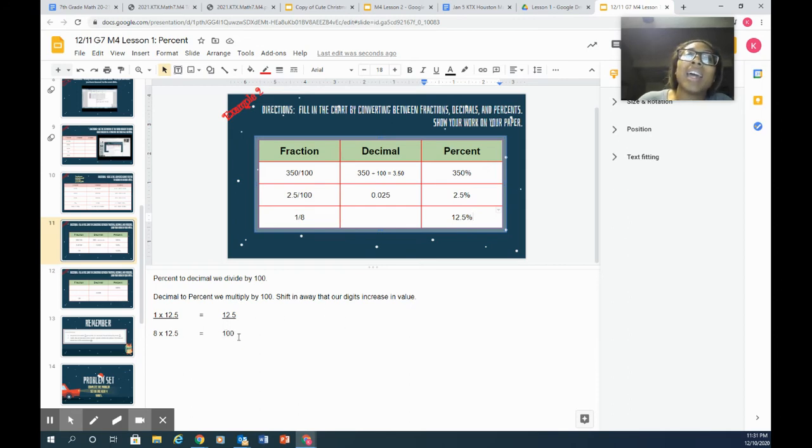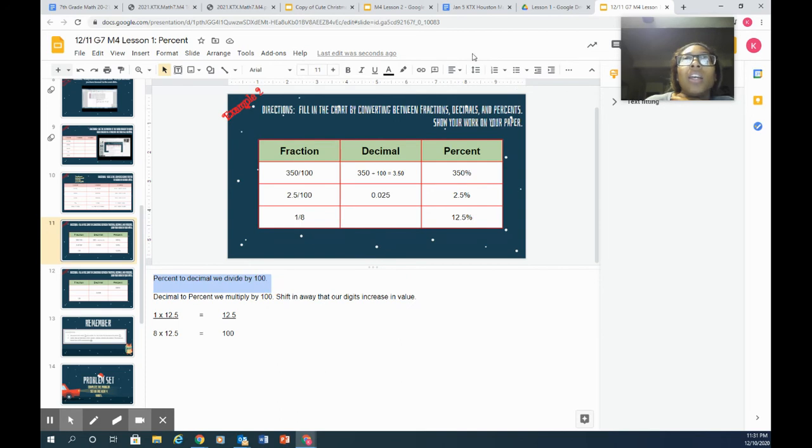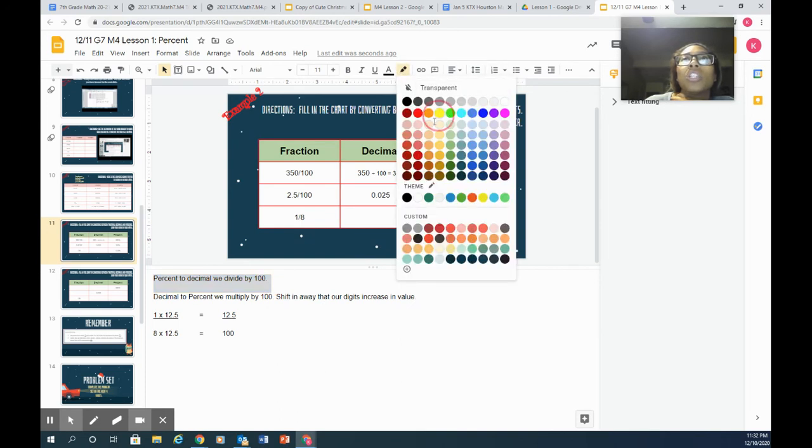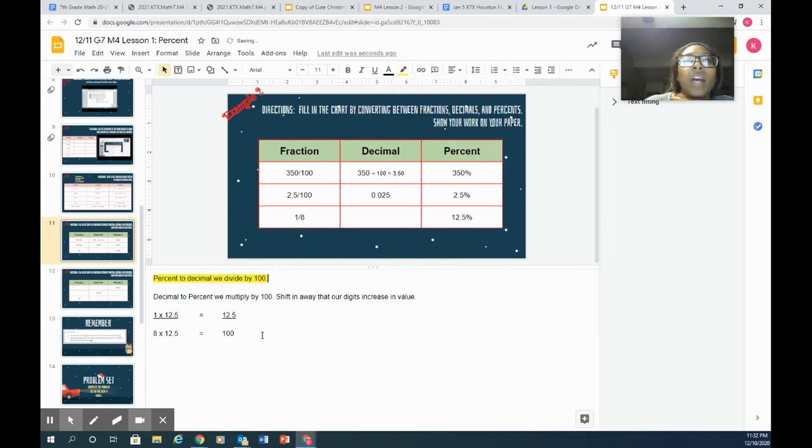But to write this as a decimal, think about what we just learned. If we're going from our percent to our decimal, we divide. So that means that in order for me to determine what 12.5% is as a decimal, I would need to divide 12.5 by 100.